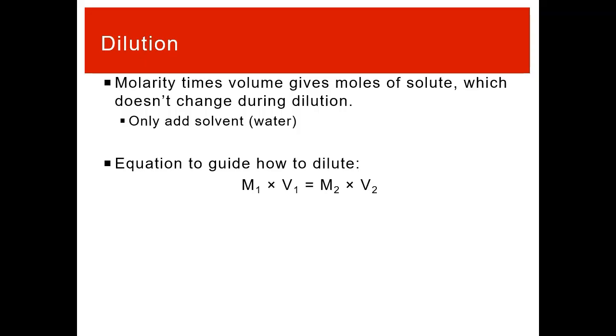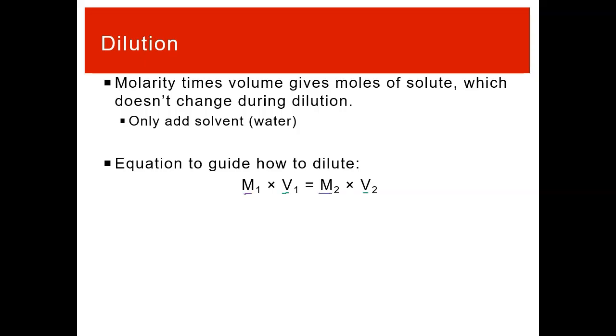Because that number of moles of solute is constant, it is equal to the molarity, or the concentration, times the volume. That never changes. So we can use the overall equation, M1 times V1 is equal to M2 times V2, where the M's represent molarity and the V's represent volume.